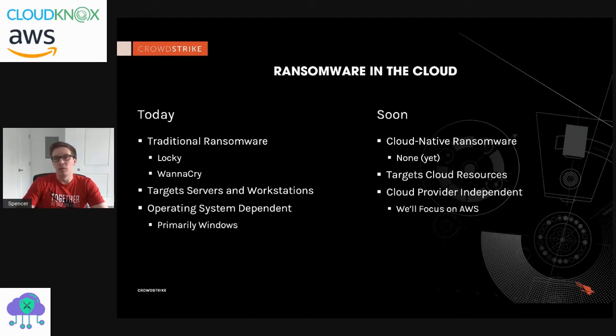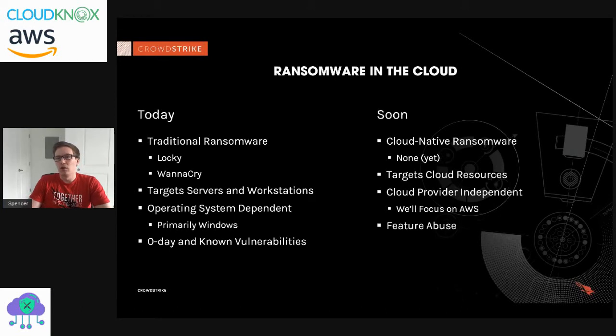We're focusing on AWS for this presentation, but all the concepts could be applied to other cloud providers like Google Cloud and Microsoft Azure and others. And then traditionally, they exploit zero-day or known vulnerabilities to spread and infect their targets. In the cloud, it's none of that. It's just feature abuse. There's no vulnerability abuse. It's just using features the way they were designed, essentially, or in a little bit of a malicious way.